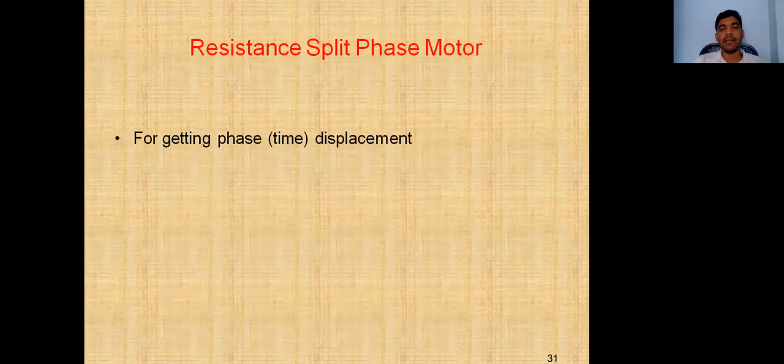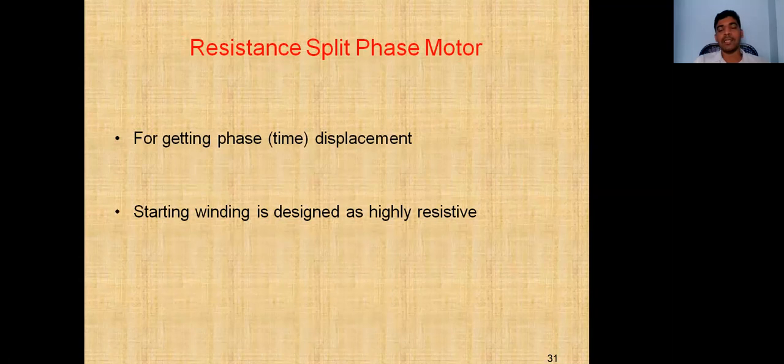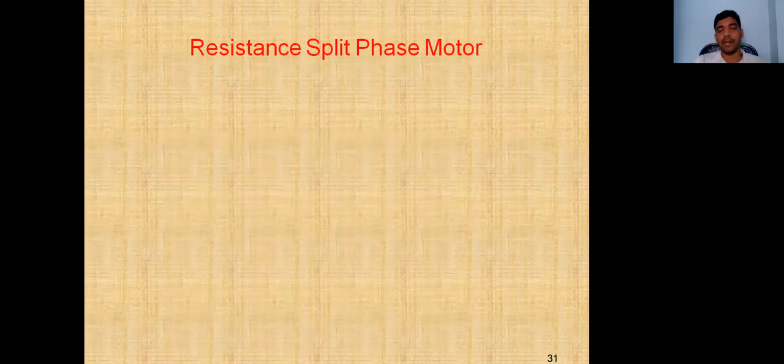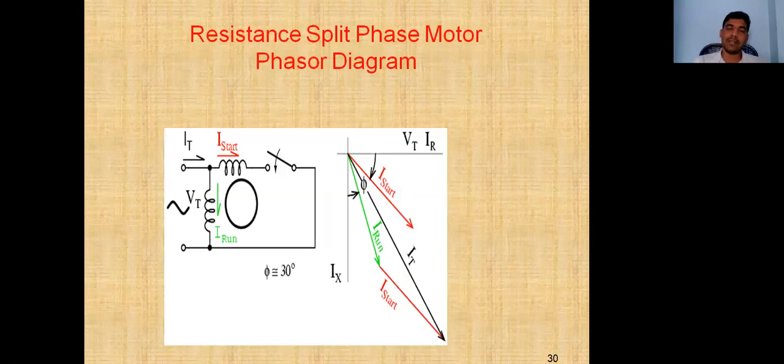For getting phase displacement, the starting winding is designed with high resistance. The starting winding has high resistance.